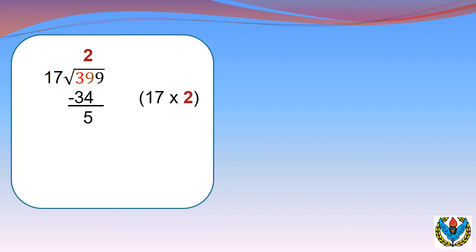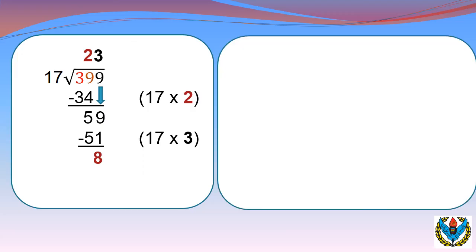Next, we will bring down 9 from the ones place, and it becomes 59. Now we will read the table of 17 up to 59, and 17 threes are 51, which is closest to 59. And we will write 3 above the division sign. Now we will subtract 51 from 59. We will get 8 in the remainder.